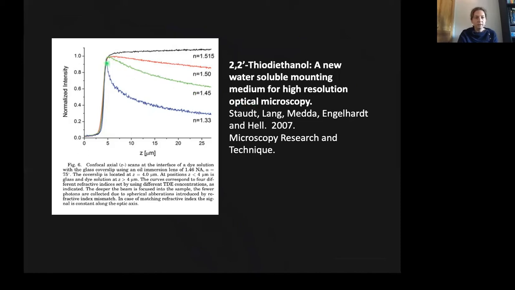You can see here how dramatically the signal drops off when you're imaging into a low refractive index media with this oil immersion objective. This figure illustrates that imaging with an oil immersion objective might not always be the best choice, depending on what the refractive index of your sample is.